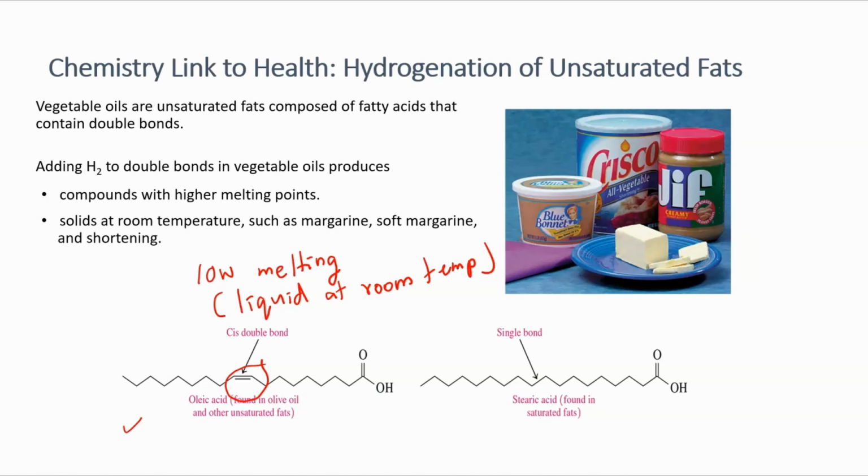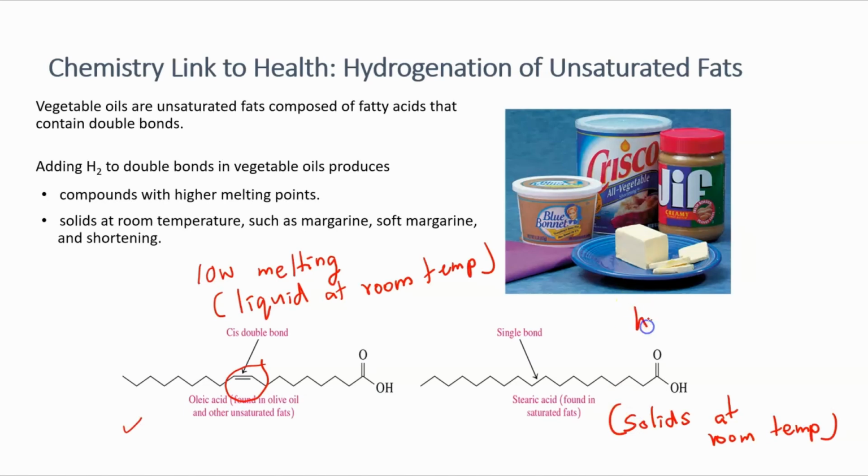In the hydrogenation reaction, a hydrogen molecule is added over the carbon-carbon double bond, and it will be converted to stearic acid, which is now a saturated fat. These saturated fats are solids at room temperature, just like margarine.